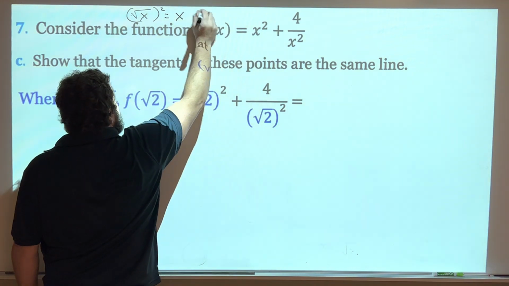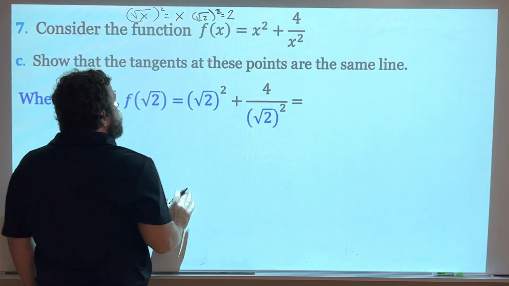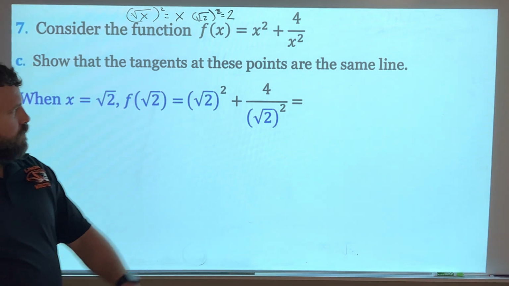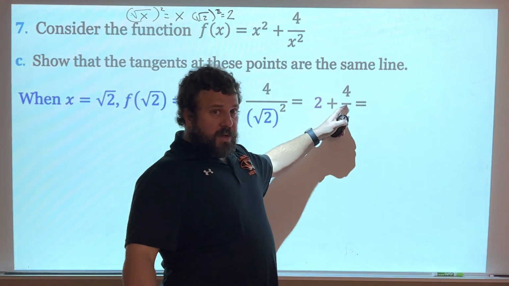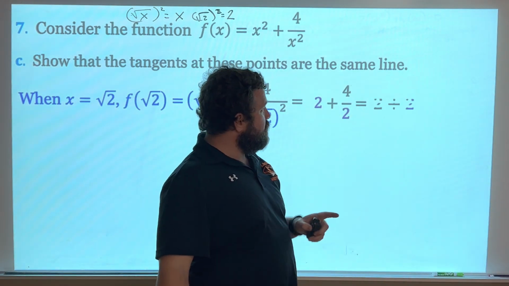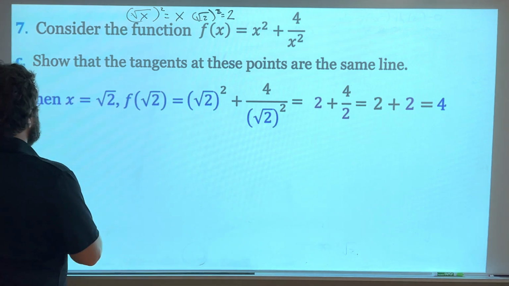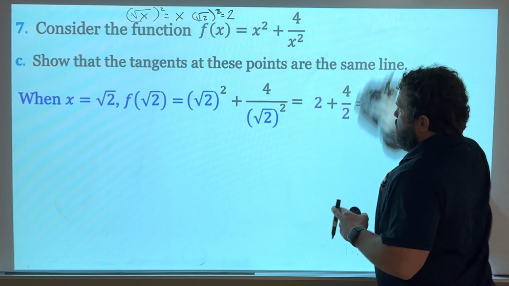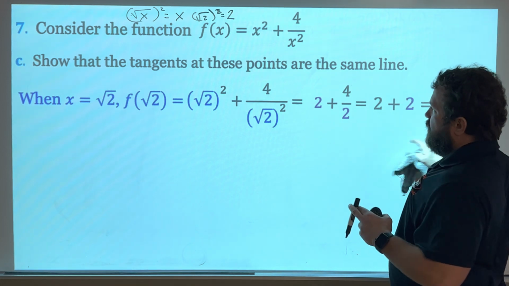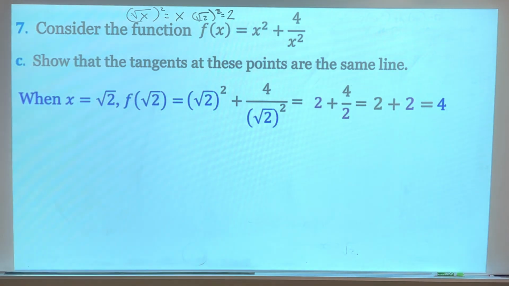So the square root of 2 squared equals 2. 4 divided by 2 is 2. So 2 plus 2 is 4. That comes out pretty nice, doesn't it? So when x equals square root of 2, f of x equals 4.